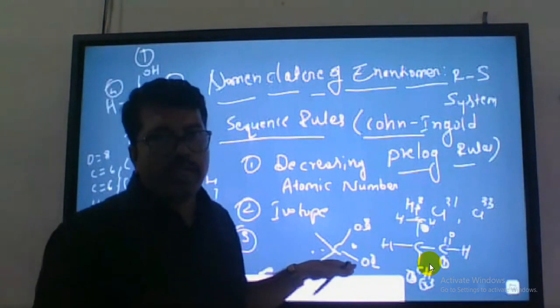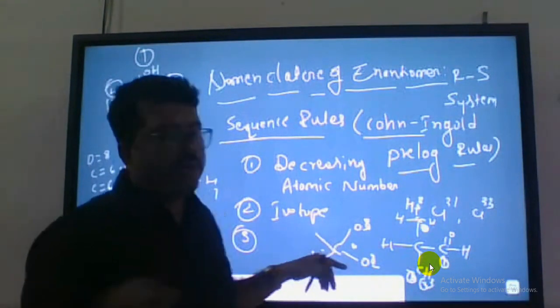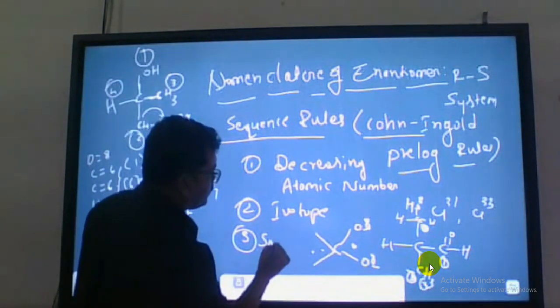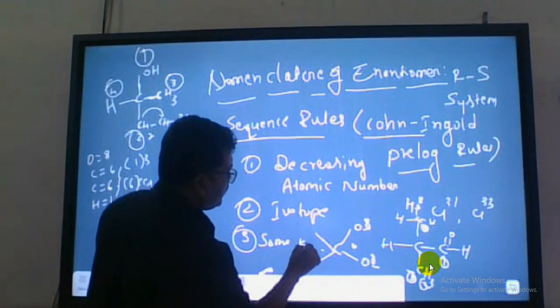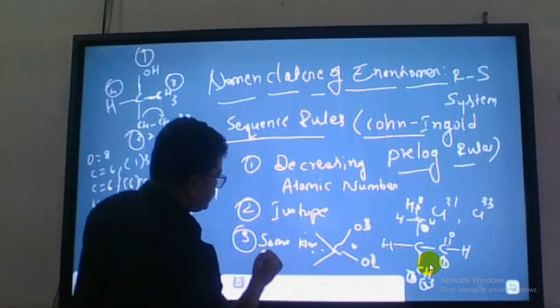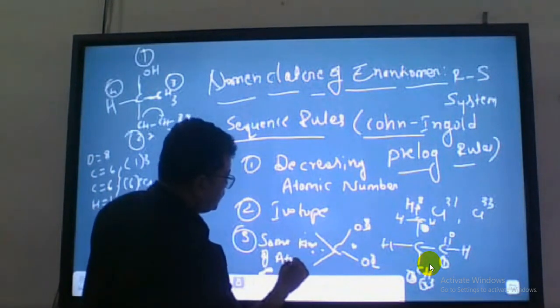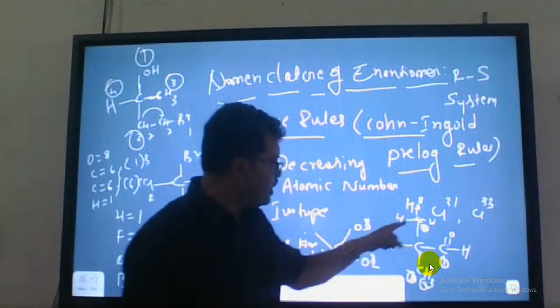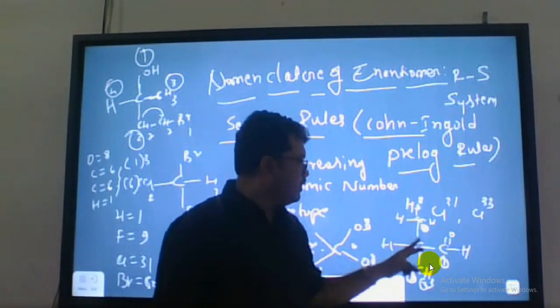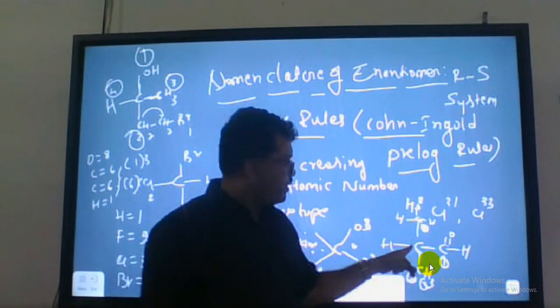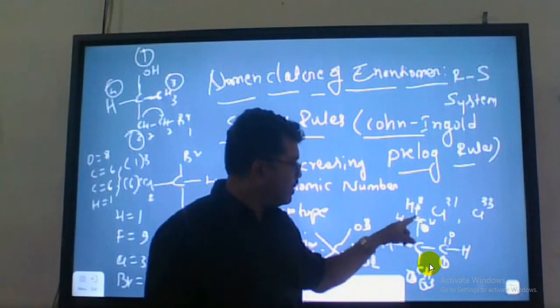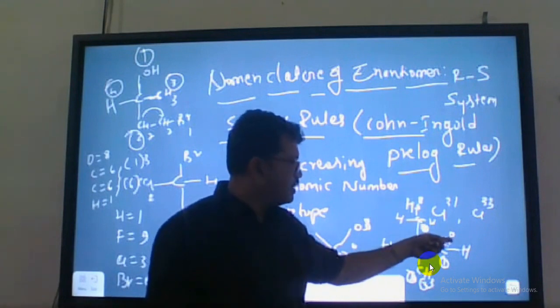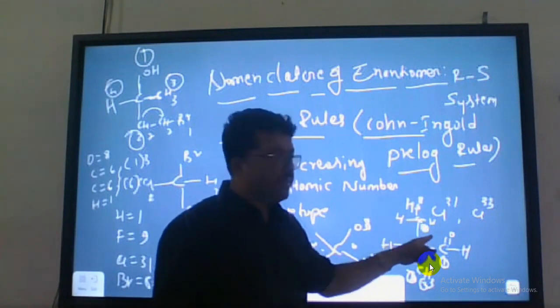So what happens: atom or group attached with the same kind of atom. Same kind of atom. So this is the same kind of oxygen. Same kind means here also oxygen is there, here also oxygen. So tetrahedral chiral carbon attached to the same kind of atom, meaning this carbon has oxygen, this carbon has oxygen. But same kind of oxygen.